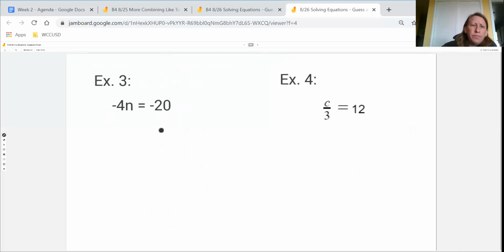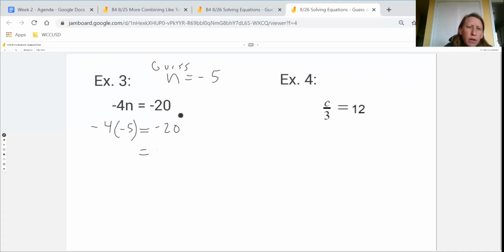How about this one? Negative 4 times something is negative 20. So let's guess negative 5. Okay. So if I do negative 4 times negative 5, do I get negative 20?